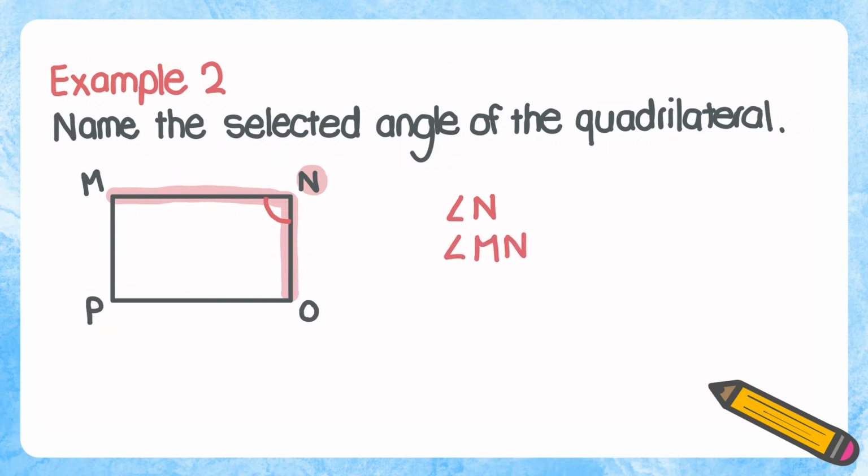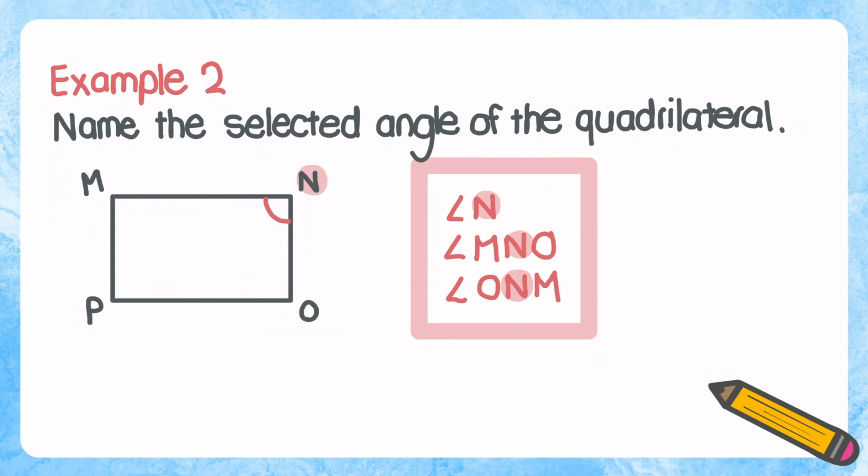So starting at M and going to O. Or we can go the other way. We can also call this angle angle ONM. So the 3 ways we can label this angle is as angle N, or angle MNO, or angle ONM.